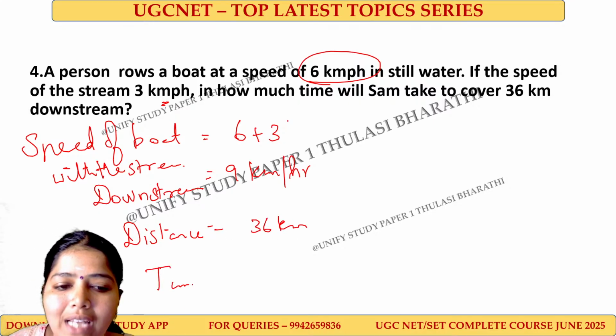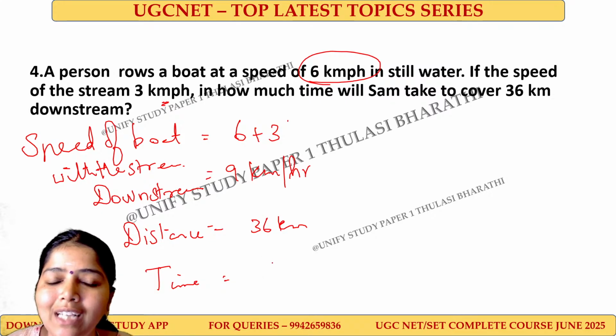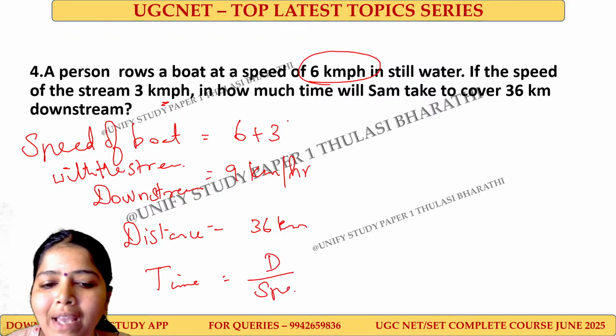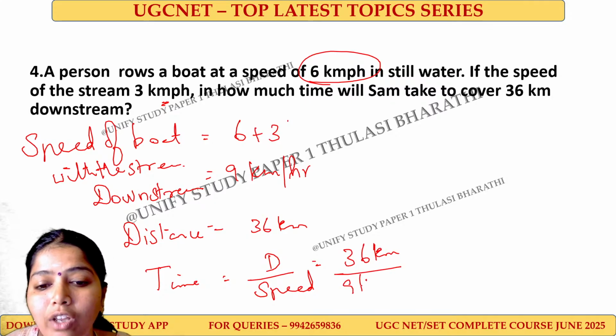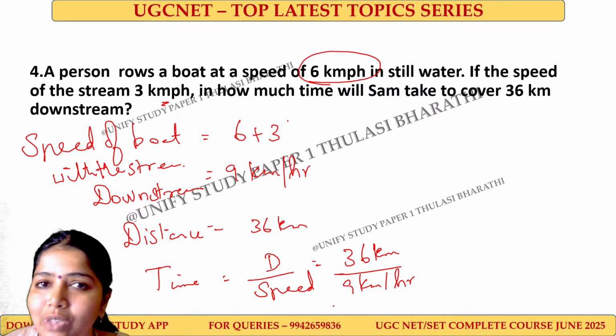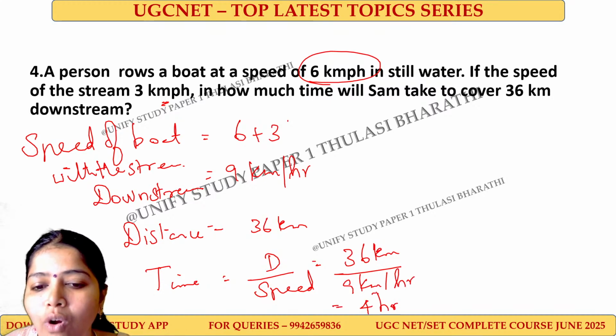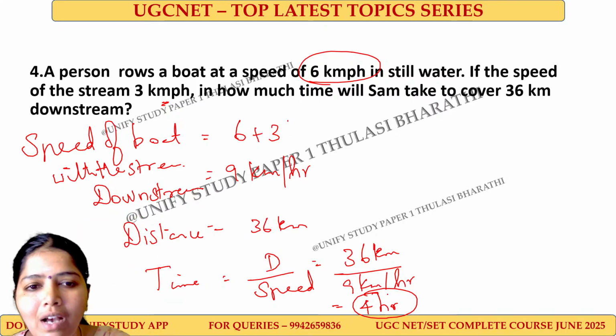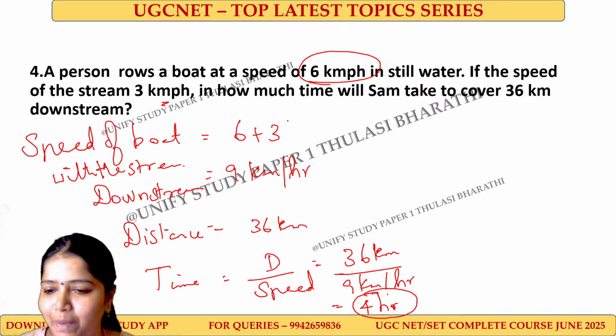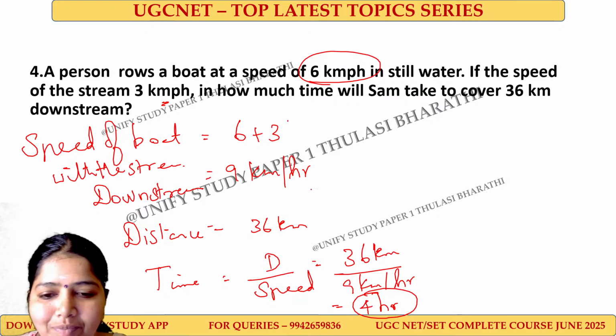They have asked for the time. How to calculate the time? Time is equal to distance divided by speed. So distance is 36 kilometers and the speed is 9 kilometers per hour. So that is equal to 4 hours to cover the downstream distance of 36 kilometers traveling along with the stream. Am I clear?